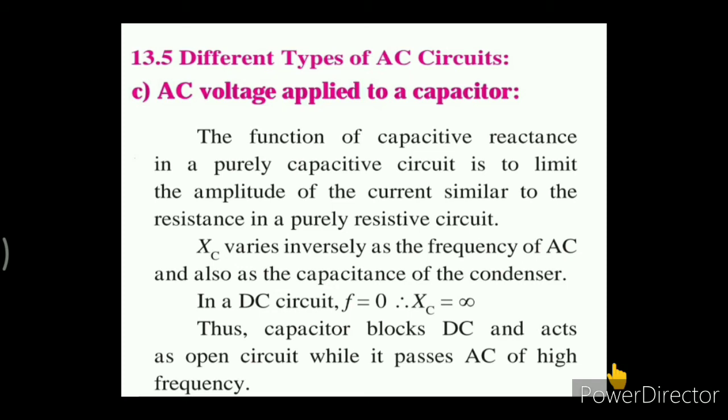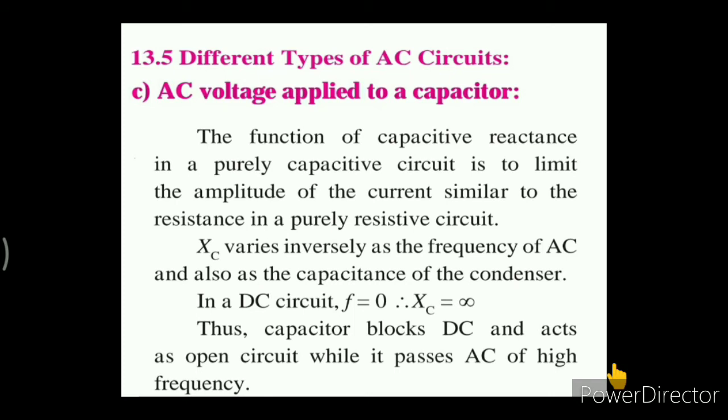So here we can say that Xc varies inversely as the frequency of AC and also the capacitance of the condenser. As Xc is 1 upon 2 pi fc, Xc is inversely proportional to the frequency of AC and also inversely proportional to the capacitance of the capacitor, and hence the function of the capacitive reactance in a purely capacitive circuit is to limit the amplitude of the current.